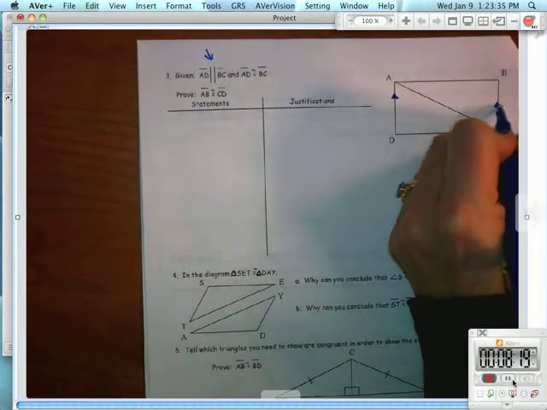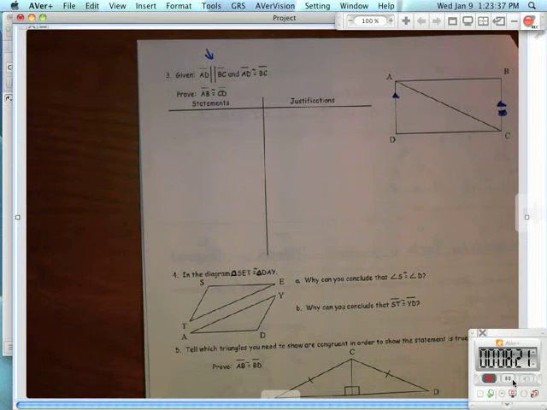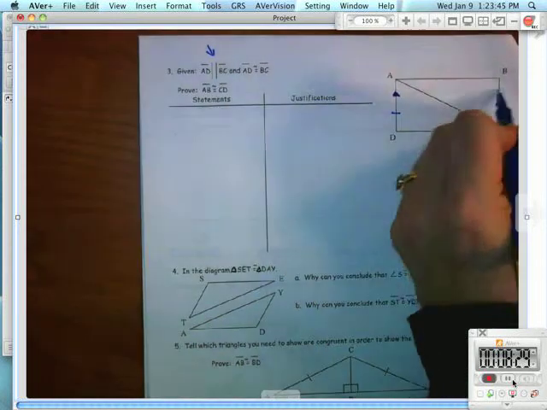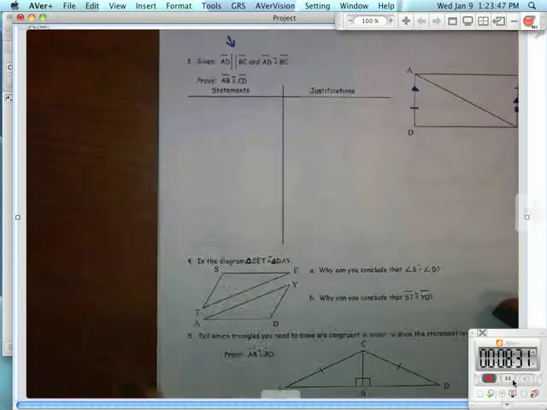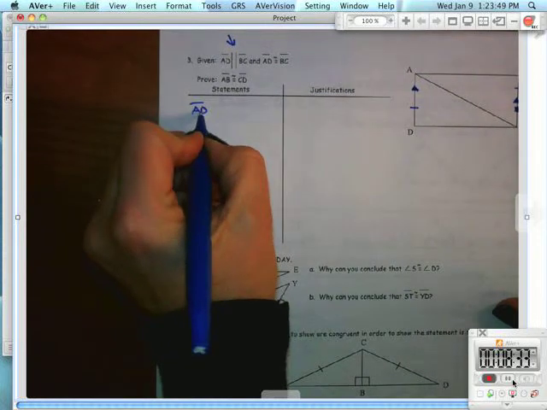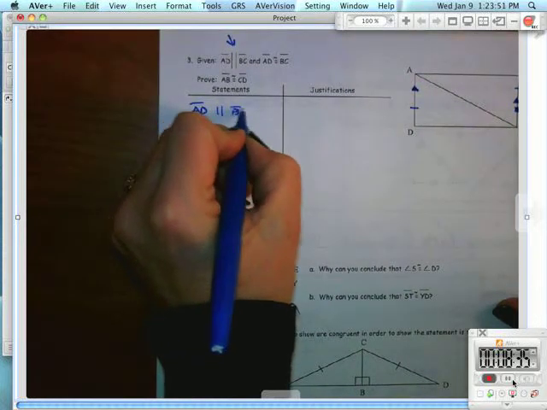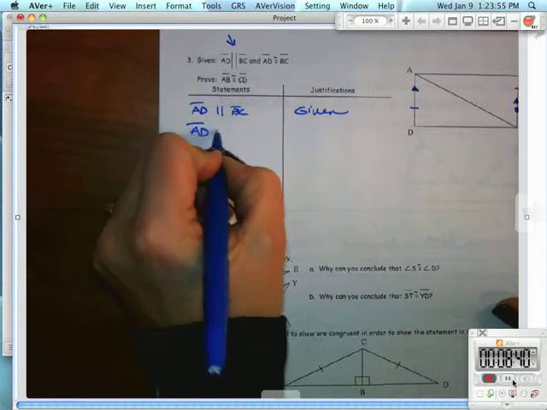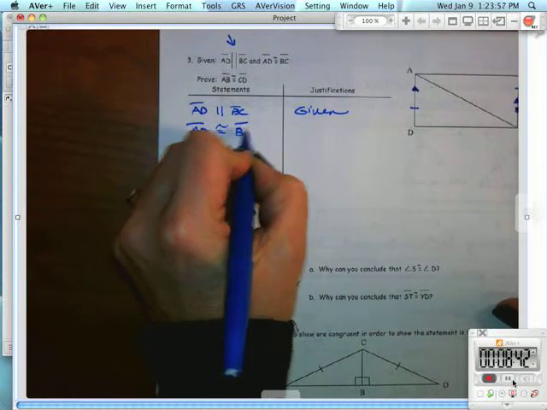Parallel lines does not mean that they're congruent, but it says they're parallel. But in the next statement here, it says that these are congruent segments. I'm going to write my givens real quick. Okay.